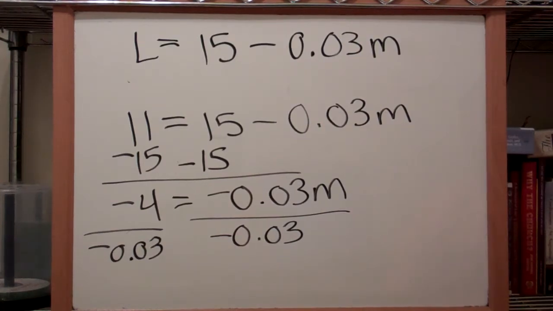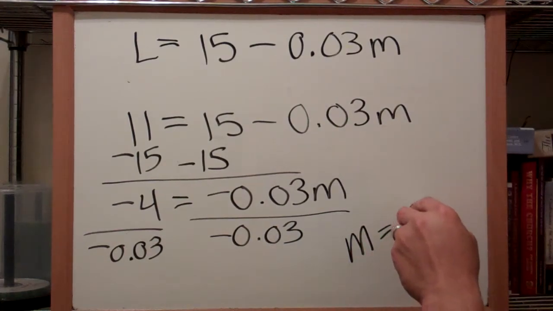And then we could say 4 divided by 0.03. Oh, I'm sorry, that equals 133.3 miles. M equals 133.33.